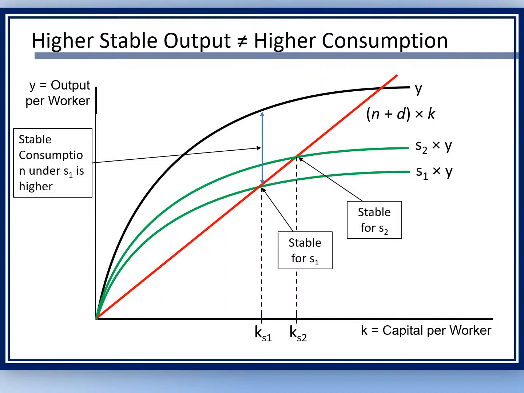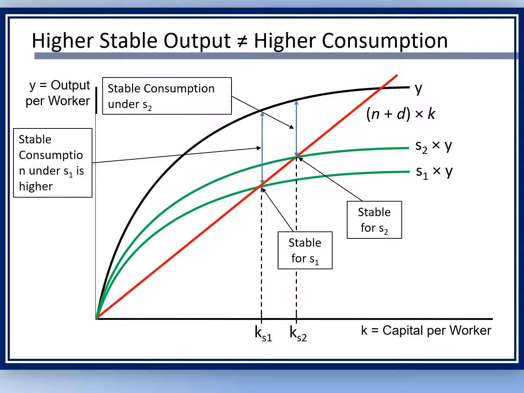Now, if you save more, at the level of S2, then you can see that the difference actually shrinks. Because the more you save, the more you have, the more you stand to lose.